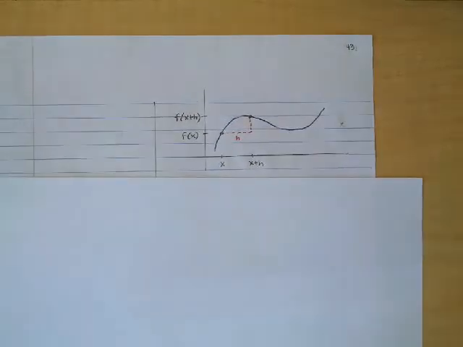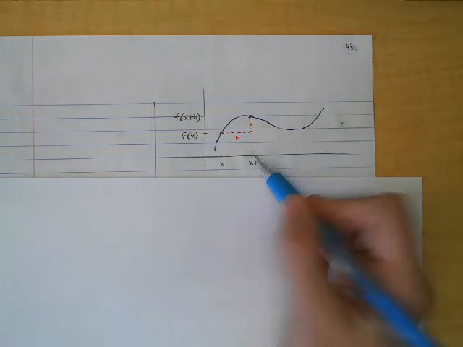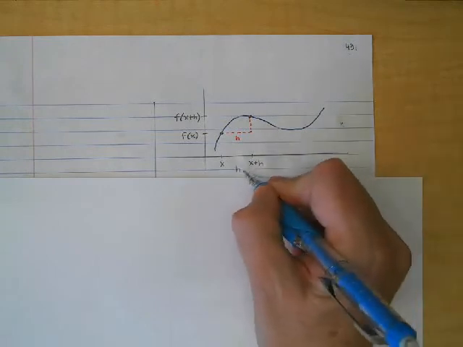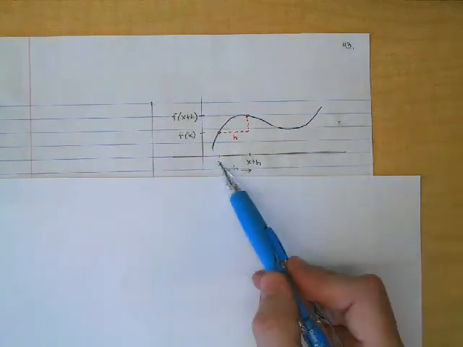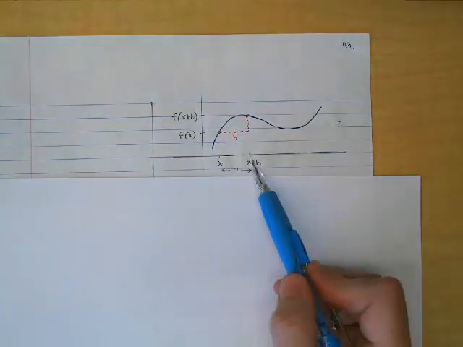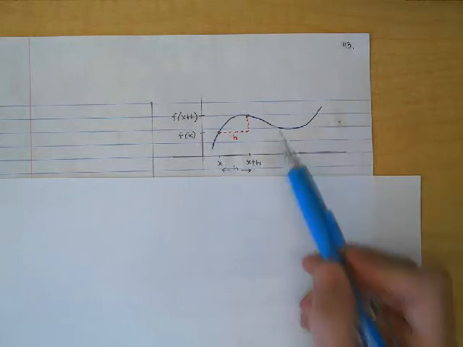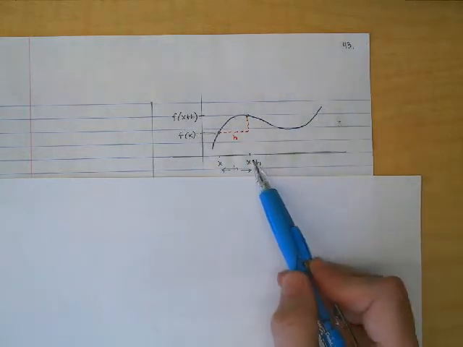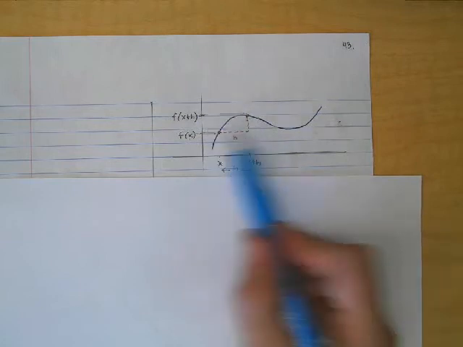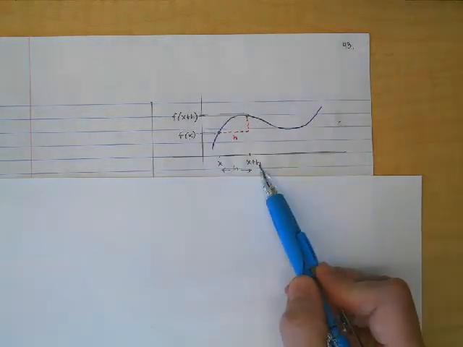Okay, so here's what it's going to look like. So here's x1 and x2. We said that the distance between those two was h. So I could say that this is x and this is x plus h. This point right here is f of x. This point right here is f of x plus h.